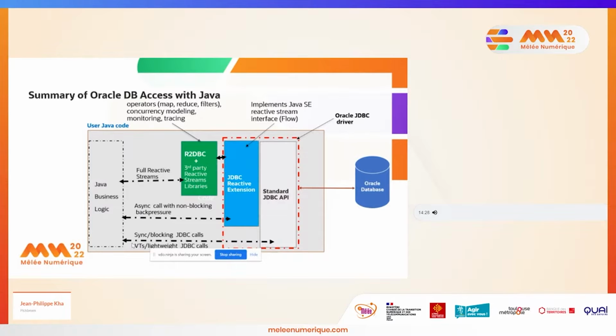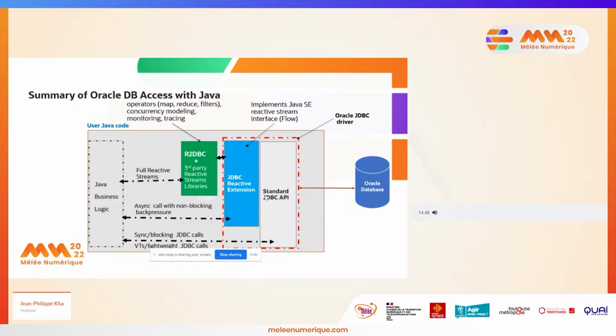Virtual threads provide lightweight threads, and I have a very interesting demo here to allow you to understand what I'm talking about. But you can see that there are very specific, different, and optimized ways to create database applications and interact with the Oracle database.